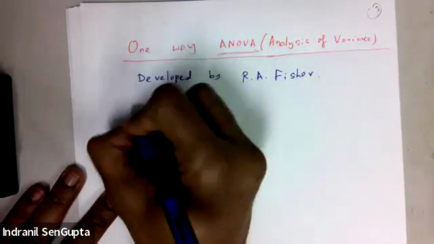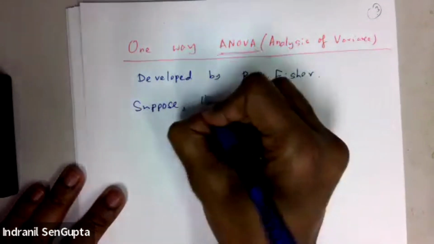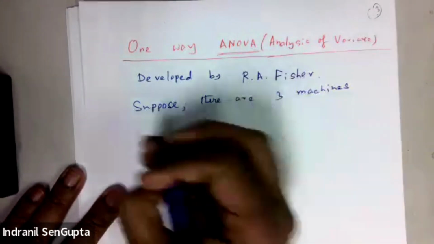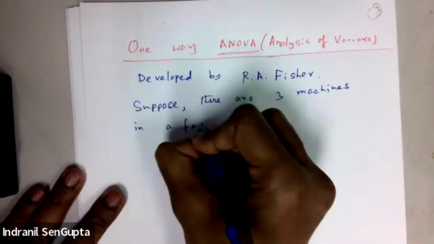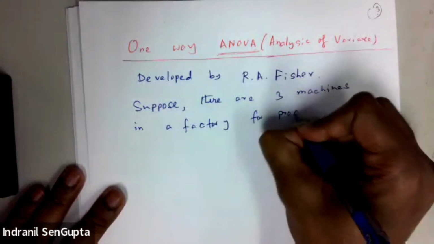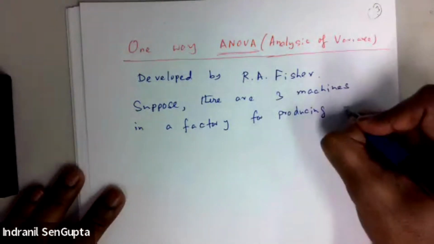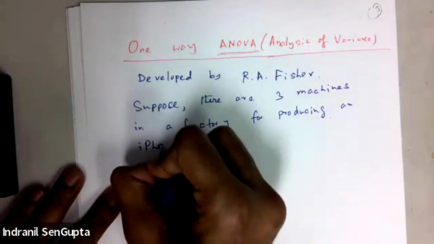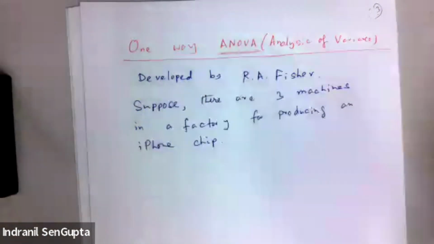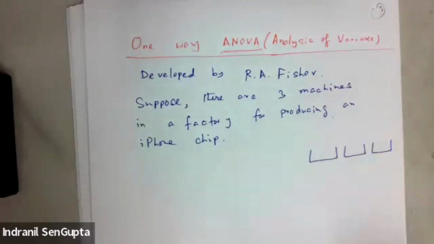Suppose that there are 3 machines in a factory for producing, say, an iPhone chip. So there are 3 machines: 1, 2, and 3.